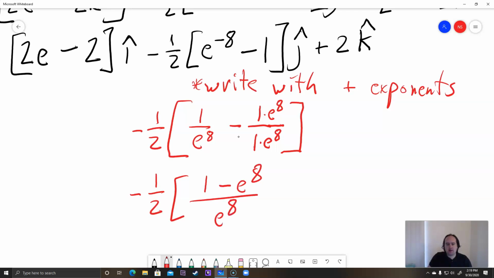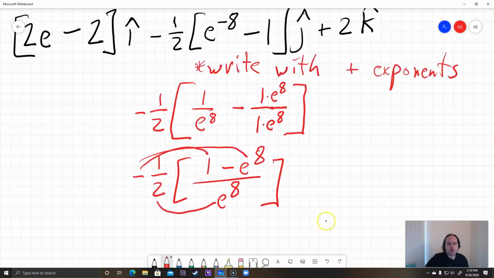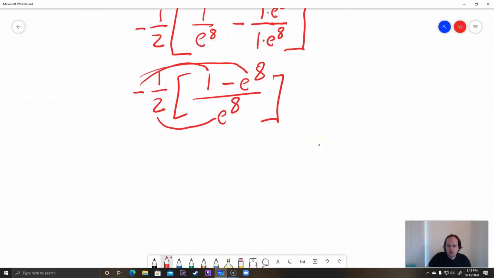And believe it or not, they actually want you to also distribute the negative 1/2. So they make you do a lot of work with this. But if we go ahead and distribute that negative 1/2, we'll distribute the minus on the top, and then we'll distribute the 2 onto the bottom. We're going to end up with, on the top, e to the 8 minus 1.